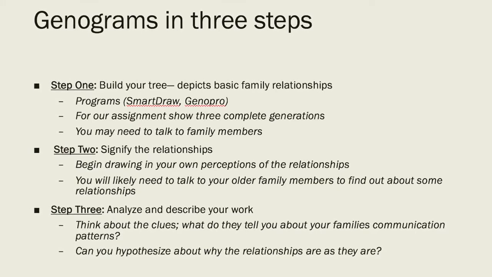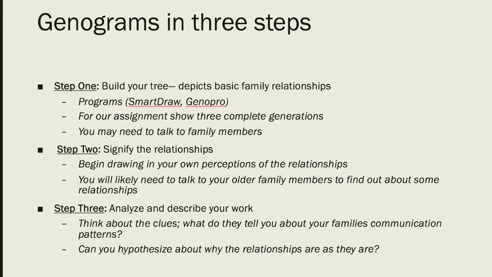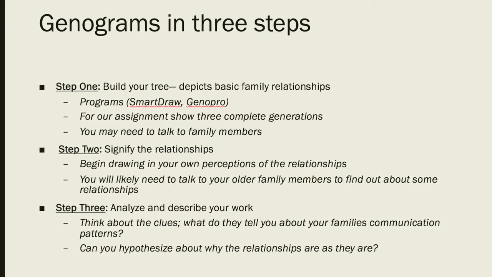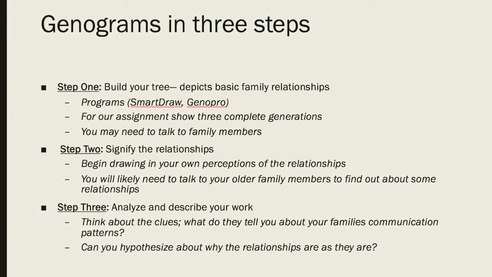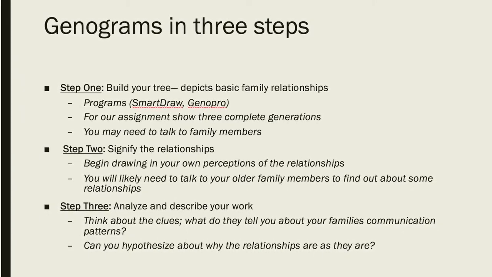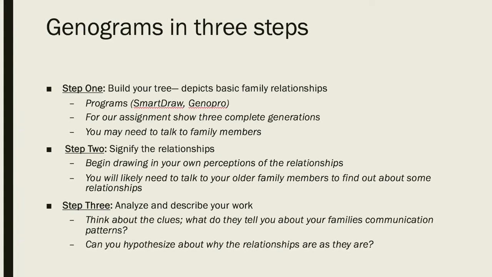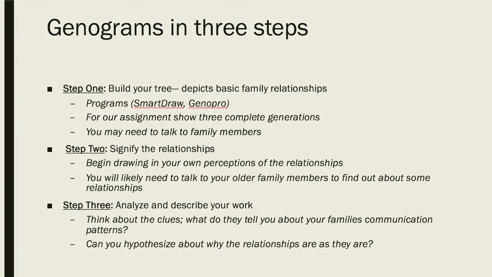The basic information that we're going to need to talk about is essentially birth, death, and relationship status. For example, mother to father, mother to son, father to daughter, grandparent to grandchild, etc.